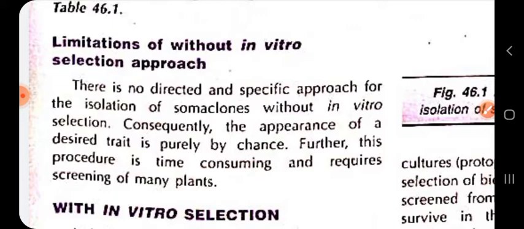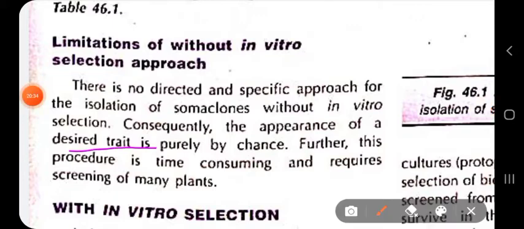No such specific approach is being done here. Consequently, the appearance of a desired trait is purely by chance. That means we are trying to get a beneficial trait by chance. We are not applying any selective agents to check whether the plant is becoming resistant or can withstand those conditions or not.